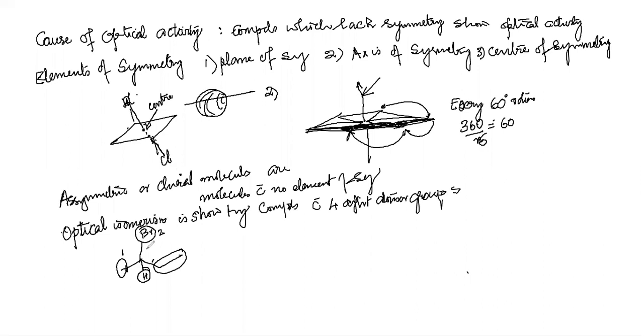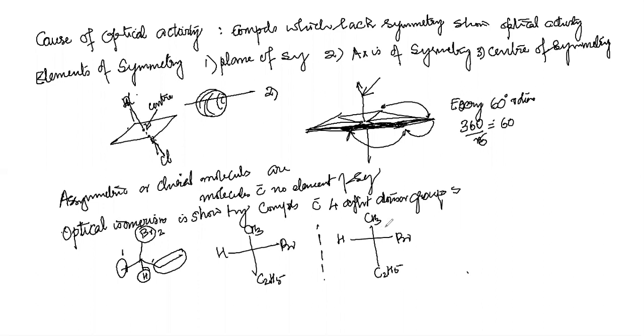Now let us draw the structure of this molecule. See here, I have CH3, H, Br, and C2H5. And now you can draw the mirror image of this: H, Br, CH3, C2H5.